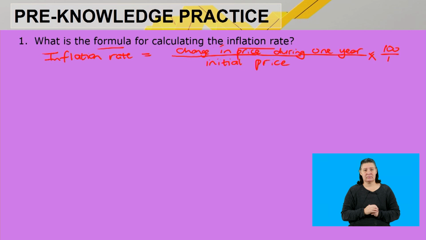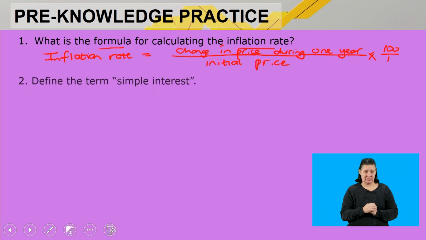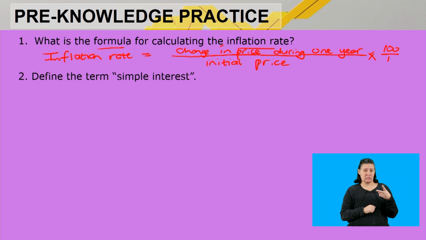So the inflation rate is the change in price during 1 year divided by the original or the initial price multiplied by 100.